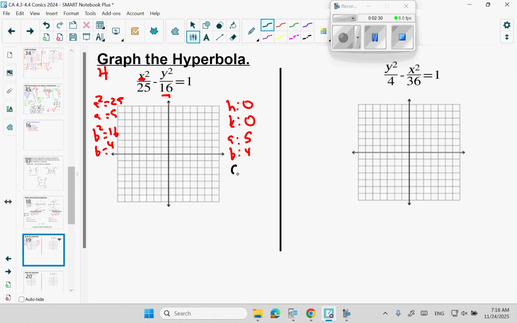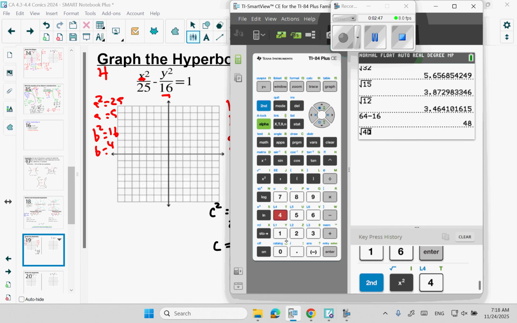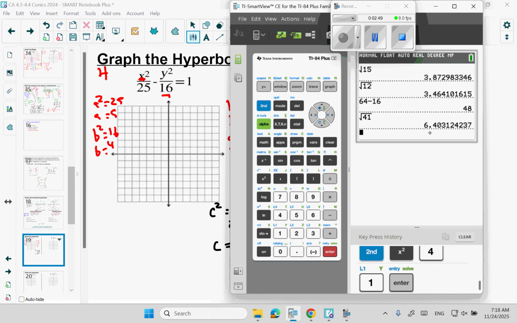And c, again, is c squared equals a squared plus b squared now. So 25 plus 16. So c is the square root of 41, which is what, roughly? About 6.4.